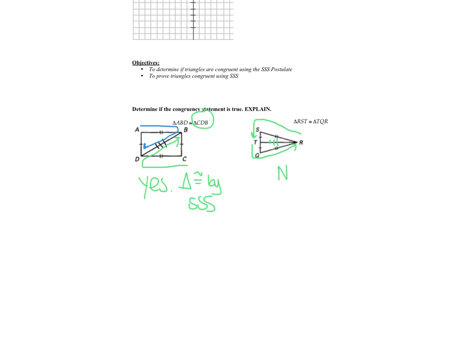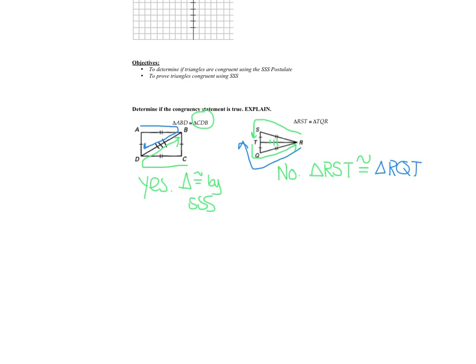So this is no. The triangles are, you would write the first one, whatever order you want. Let's say I wrote RST the way they did. RST is congruent to, I would have to take that same path, and instead of going single to double, you go double, single. So it's congruent to triangle RQT.